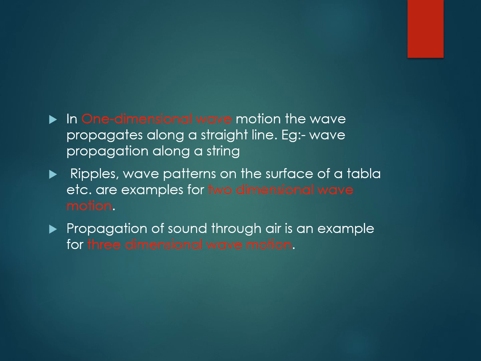If a wave travels along a plane, that is propagation in two directions, then it is called a two-dimensional wave. Examples are ripples, then wave patterns formed on the surface of a tabla, etc. Now, if a wave propagates along all the three directions, then it is called a three-dimensional wave. Example, light wave, sound wave, etc. So, please remember this point.